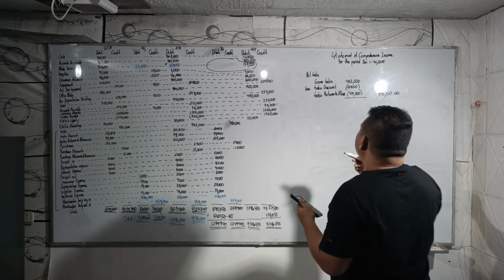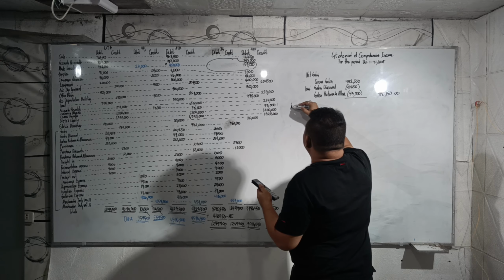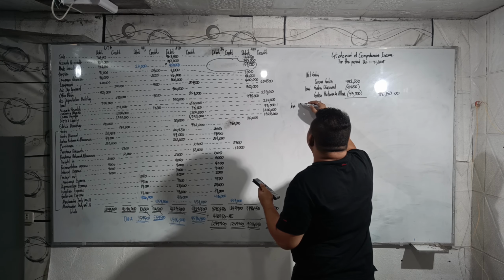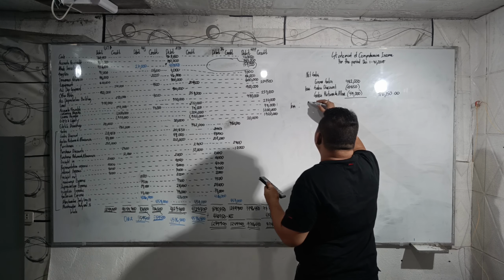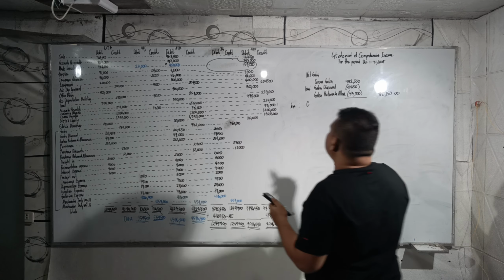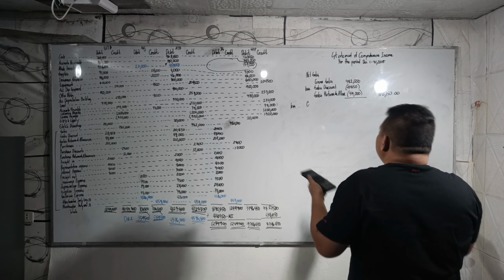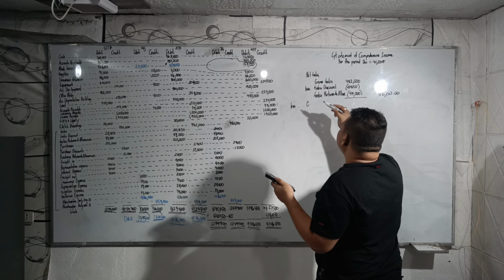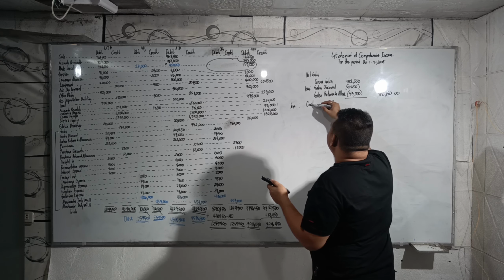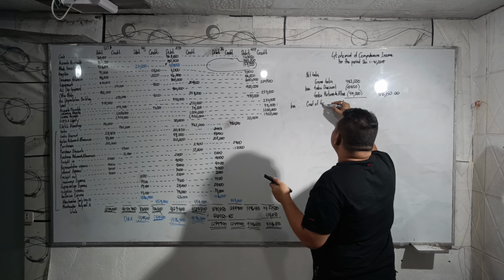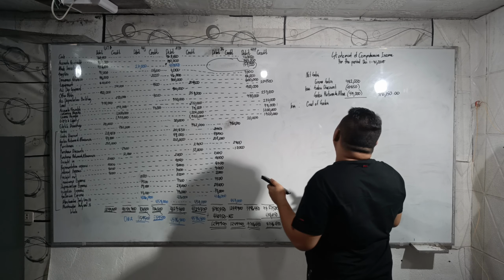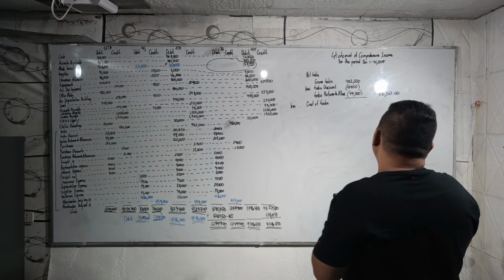So the next one is the net sales should be deducted with the first expense. I consider this the first expense and the second one is the operating expenses. But actually, technically, this is considered as cost of sales. You have to compute for the cost of sales.